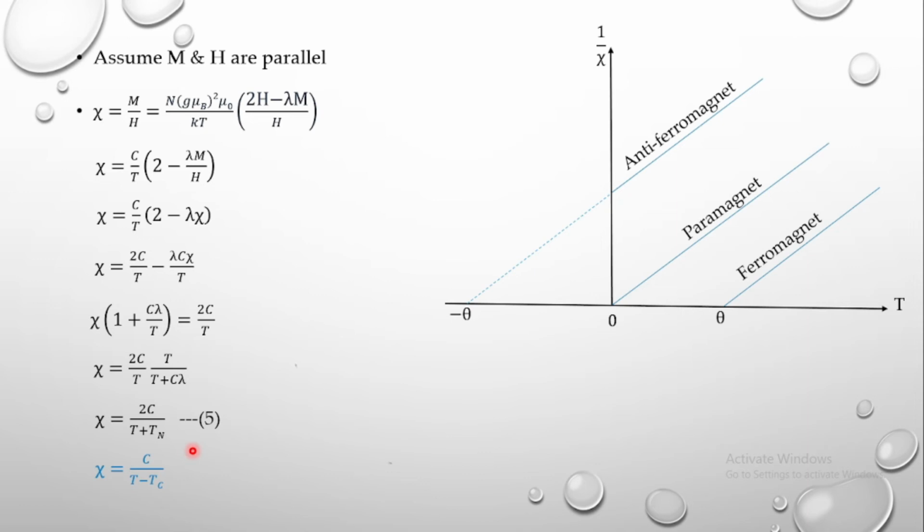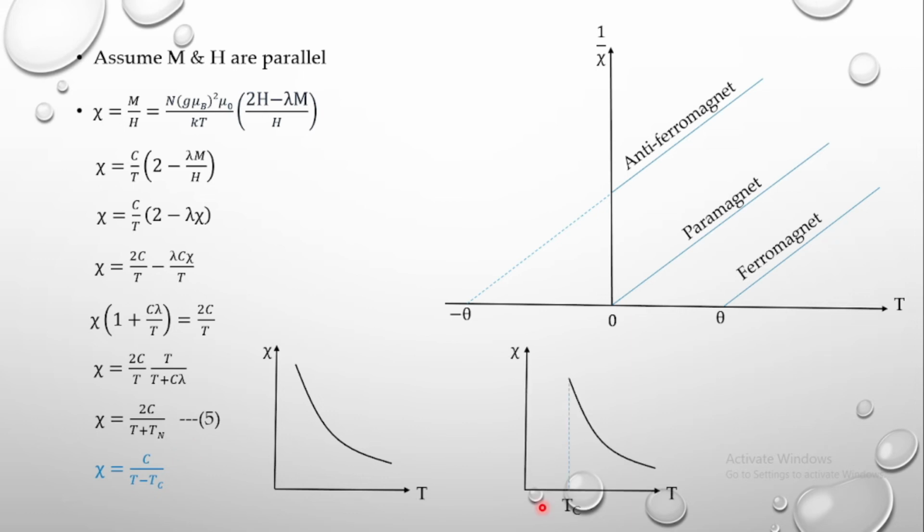And if we plot a graph of chi as a function of temperature for paramagnetic material, that is according to Curie law, and similarly for ferromagnetic material the nature is something like this, where below Tc there is ferromagnetism and above Tc it acts as a paramagnet.